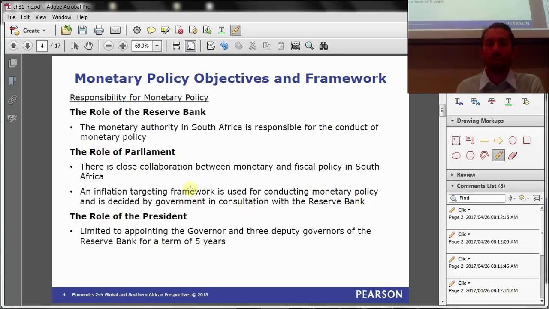So the role of Parliament is to consult with the Reserve Bank in order to determine what the framework for monetary policy will be. Our framework is an inflation targeting framework. And in terms of that framework, we target an inflation rate. Do you know what the rate is that we target? 5%, okay, close, yeah? Sorry?